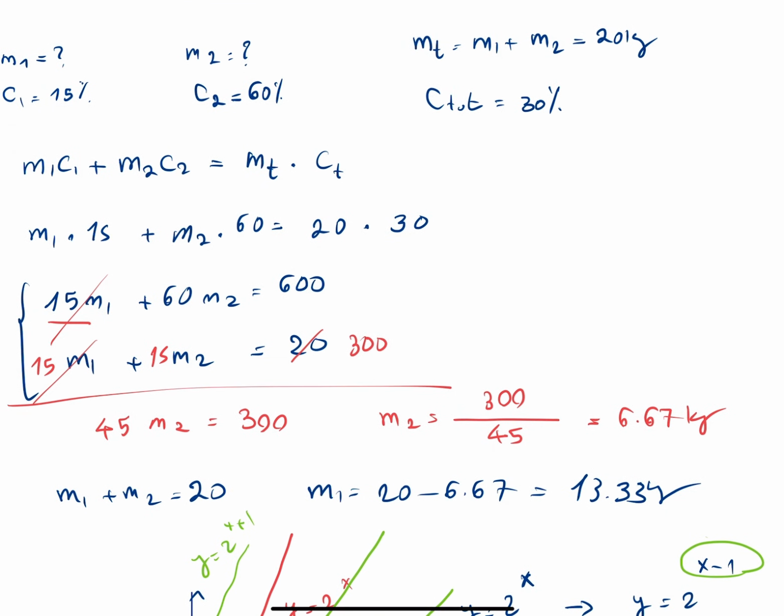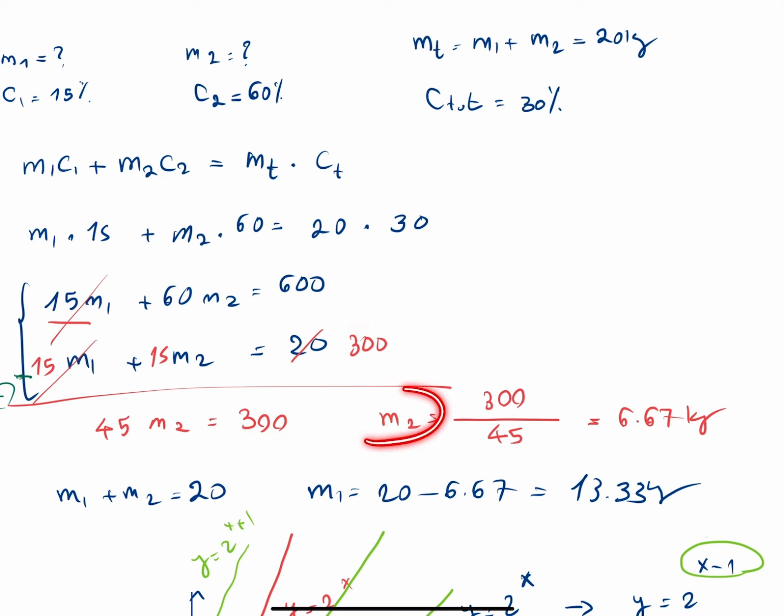As you see here, if we write both formulas and put them in this direction, we have to multiply this by 15. Then the first line minus the second line. In this situation, the result will be: 15 minus 15 will be 0, 60 minus 15 will be 45, 600 minus 300 will be 300.